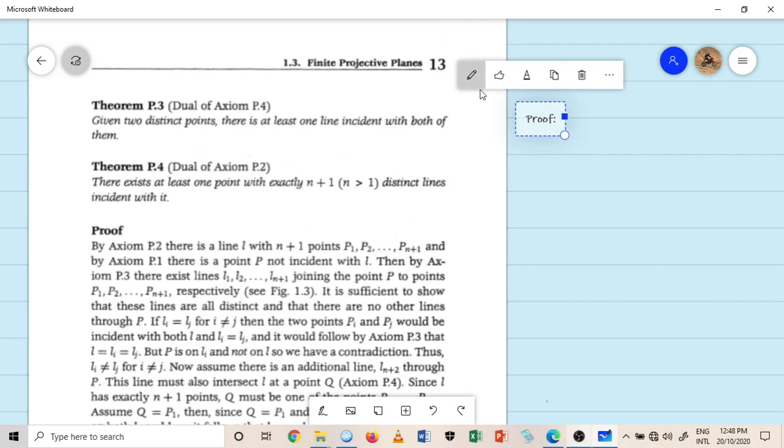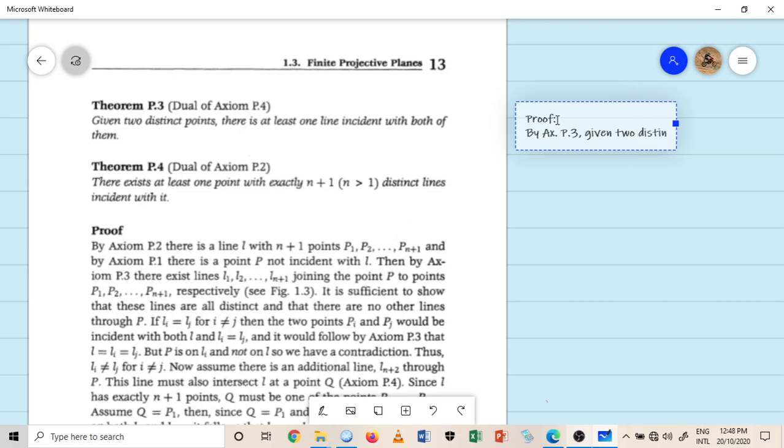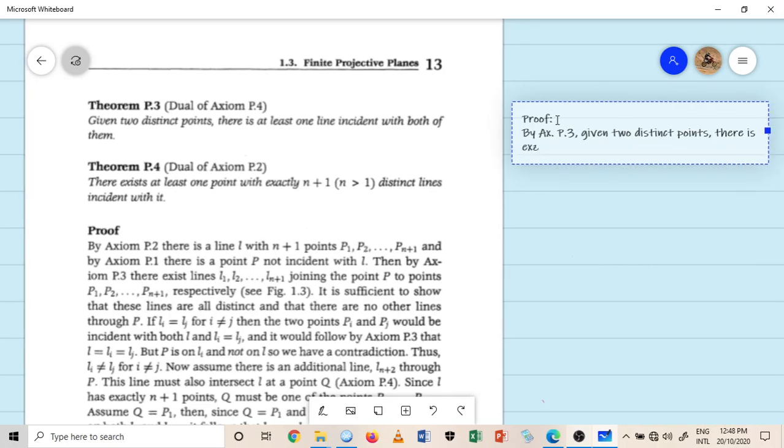So for our proof, we have here: by axiom P.3, given two distinct points, there is exactly one line incident with both of them.